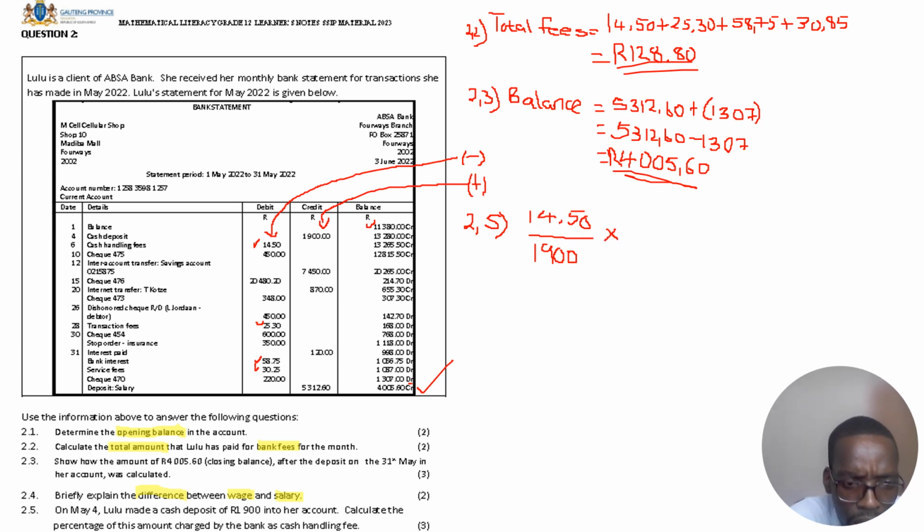And because the question says percentage, we are going to multiply it by 100. Let me go to my calculator. The answer that you are going to get there is 0.76%.